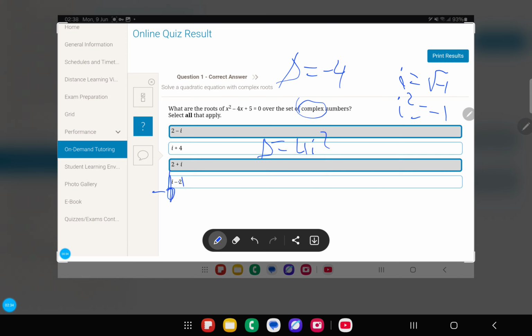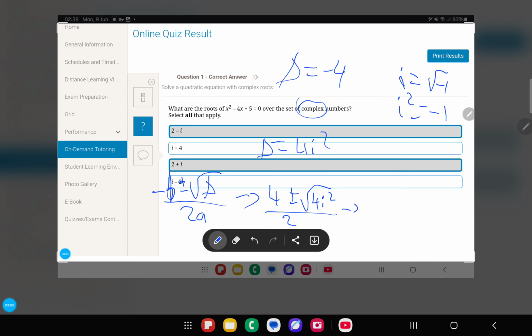Now that we have 4i squared, let's solve the second part, where we use a rule called negative b plus minus radical delta over 2a. In this case, negative b would be negative negative 4, so it's going to be 4, plus minus radical 4i squared, over 2 times a, which is 1, so it's just 2.